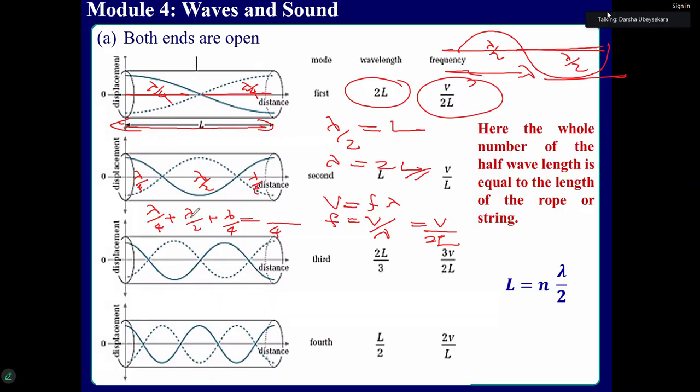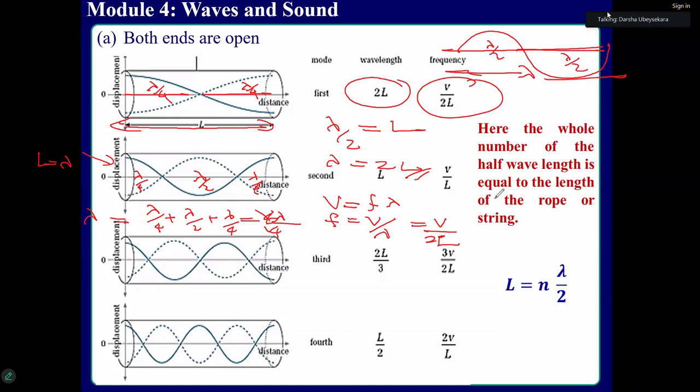That is actually fully one lambda. Then L equals lambda in the second case. So like this, you can find lambda for all. And if you know lambda, from v equals f lambda, you can find the frequency as well.